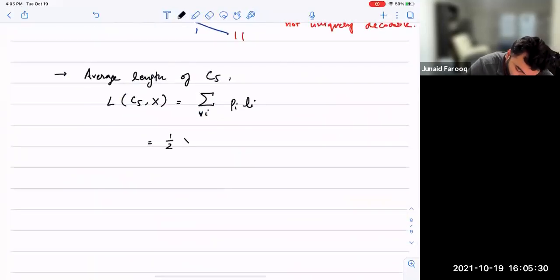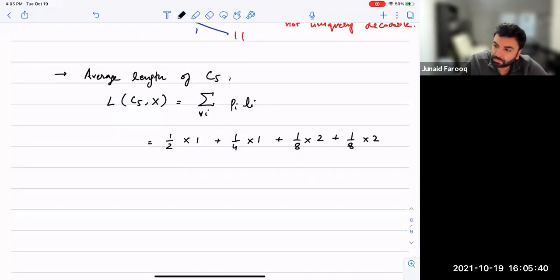So you will have 1/2 times 1 plus 1/4 times 1 plus 1/8 times 2, 1/8 times 2, and what you will get is about 1.25 bits.